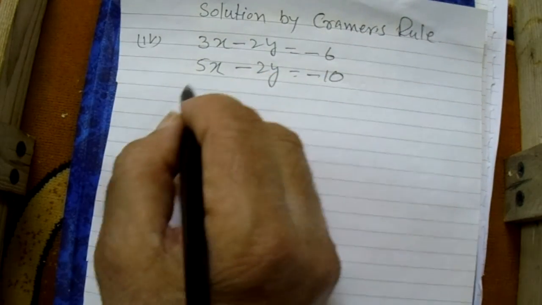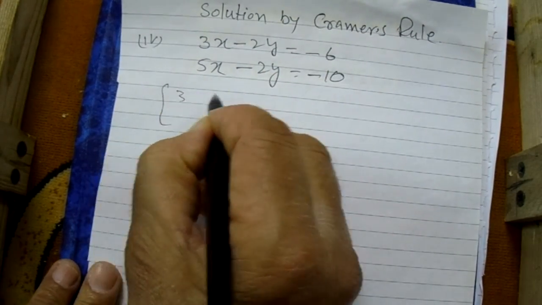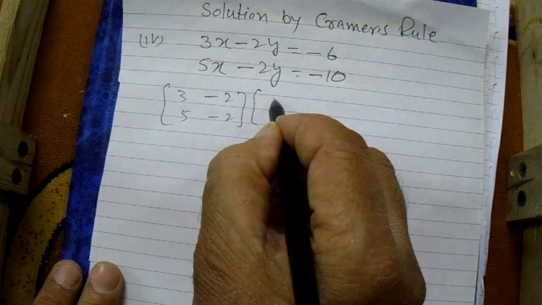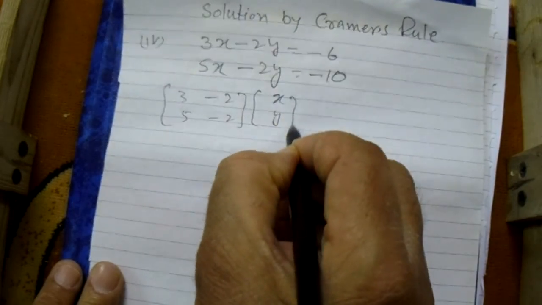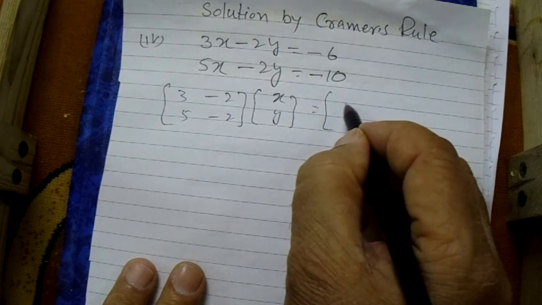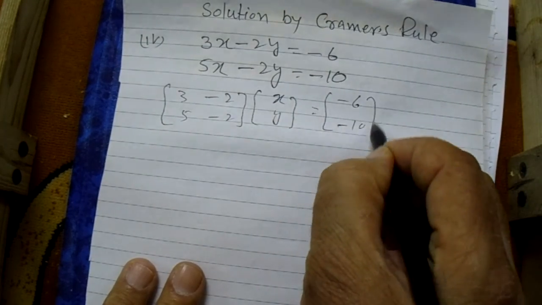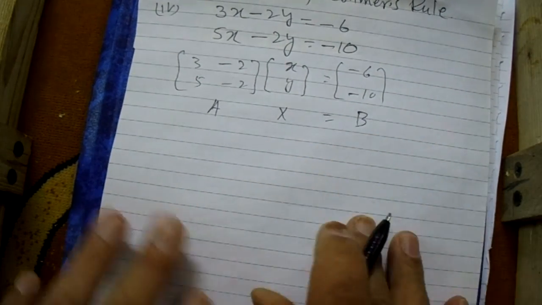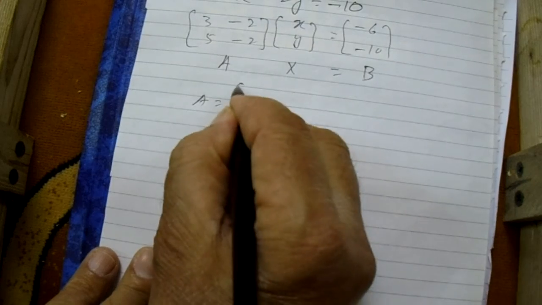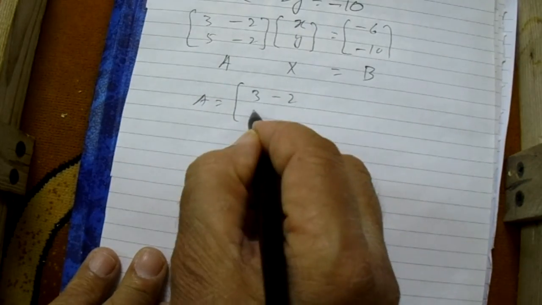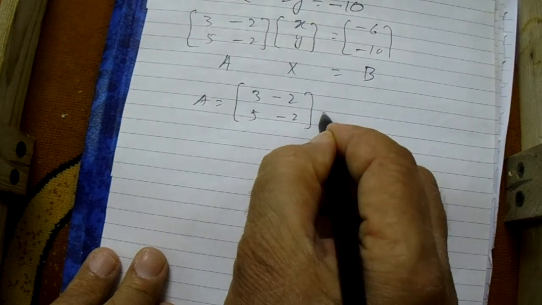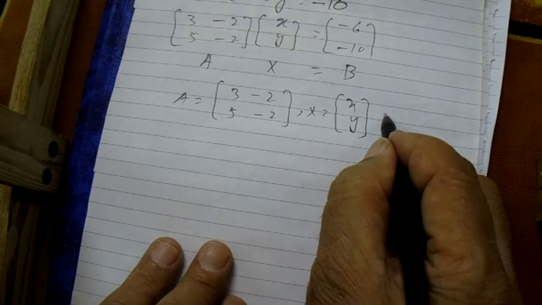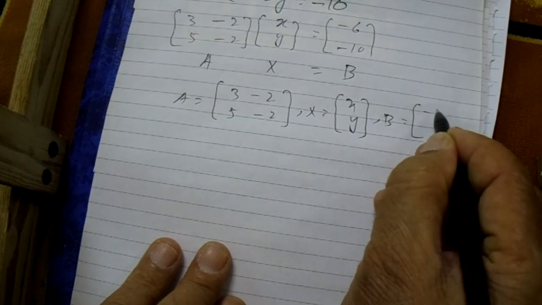We again write in matrix form: 3, minus 2, 5, minus 2, times x, y is equal to minus 6 and minus 10. Again we write, this is our A, this is our X, this is our B. We write separately: A matrix is equal to [3, -2; 5, -2], X is equal to x, y, and B is equal to [-6; -10].